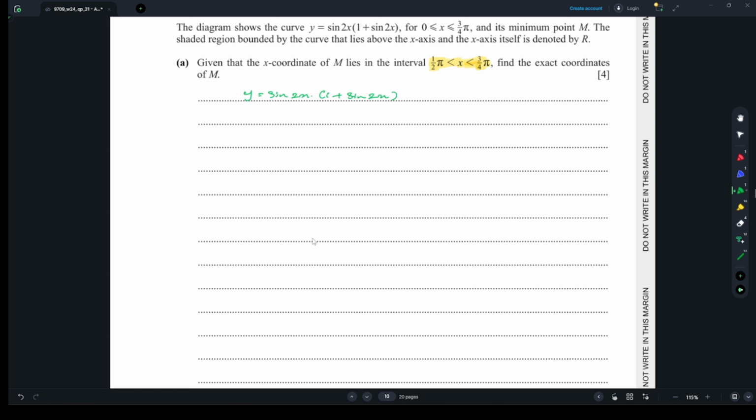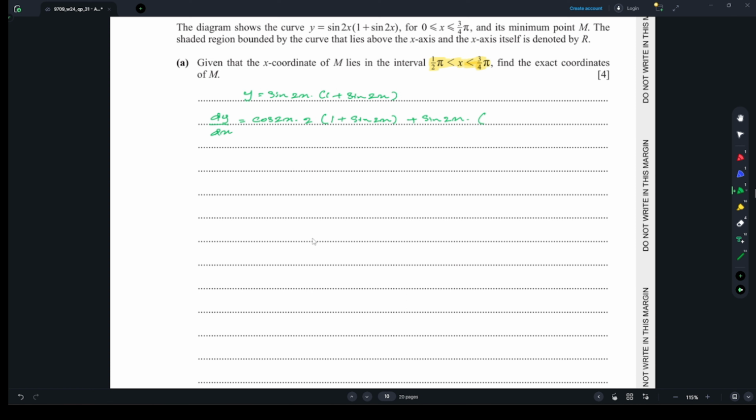Now I'm going to do the differentiation with respect to x, and it's a multiplication. So I will take sine 2x as the first term and 1 plus sine 2x as the second term. I will take the differentiation of the first term: differentiation of sine is cos 2x, multiplied by 2, the differentiation of the inside, times the second term, plus the first term times the differentiation of the second term.